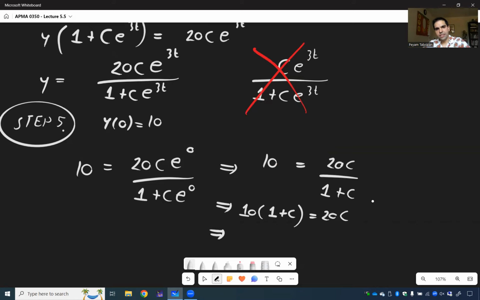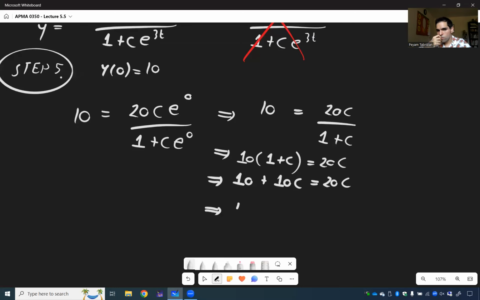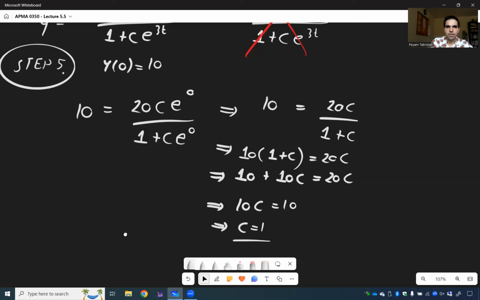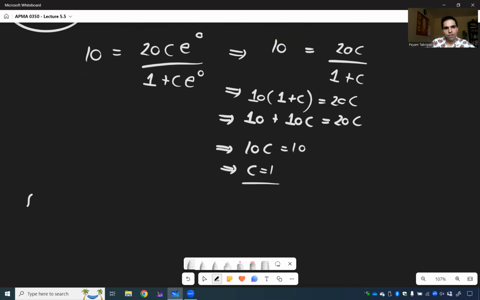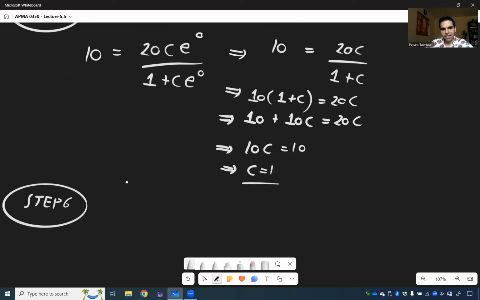And then you get 10 plus 10c equals 20c. And essentially, I believe 10c is 10. And so c is 1. And therefore, we are done, because we finally get our answer. y, in this case, is 20 e to the 3t over 1 plus e to the 3t.